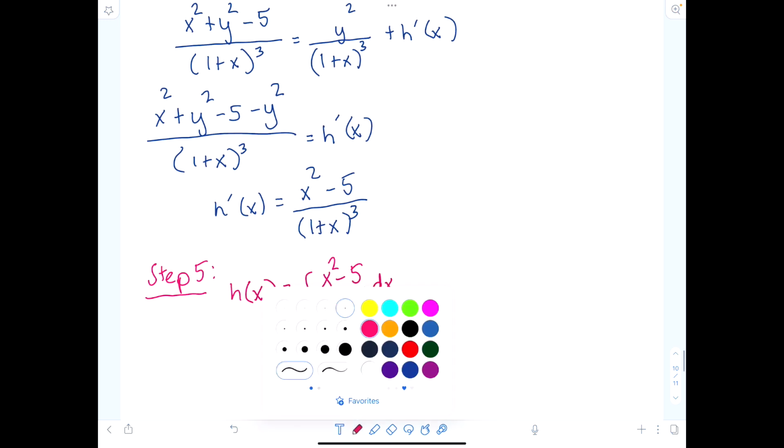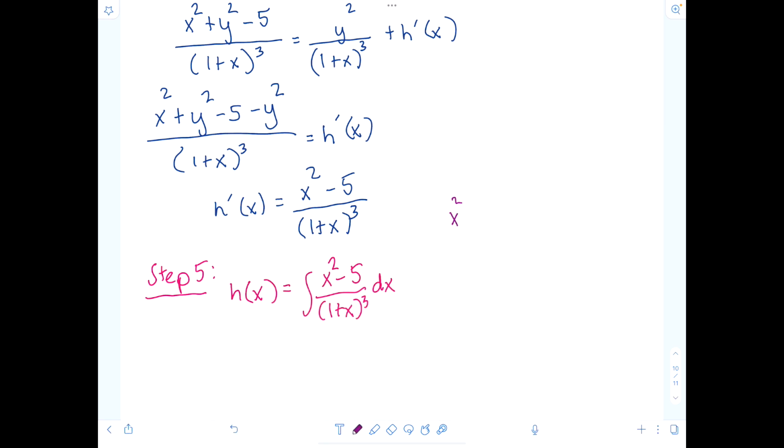Now, doing the partial fraction decomposition on the side here, we will have x squared minus 5 over 1 plus x cubed equals a over 1 plus x plus b over 1 plus x squared, because it's a linear factor raised to a power, so you have to represent every power, and then c over 1 plus x, the quantity cubed.